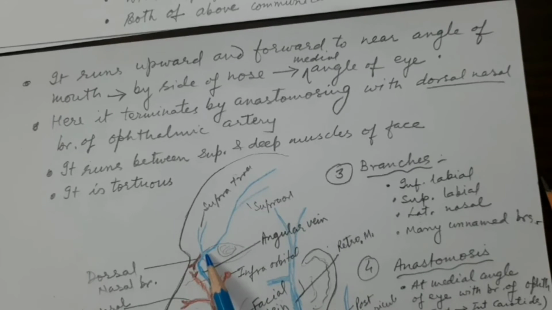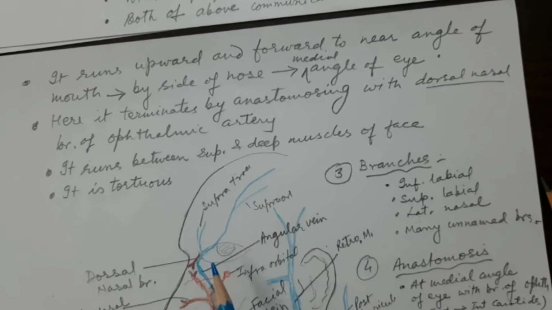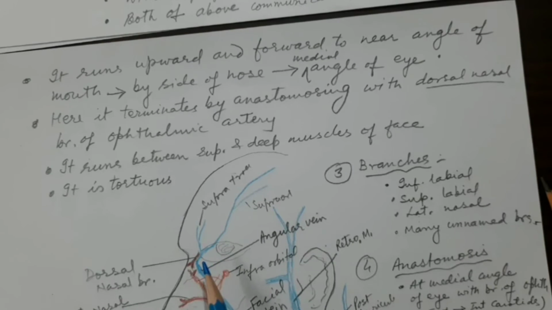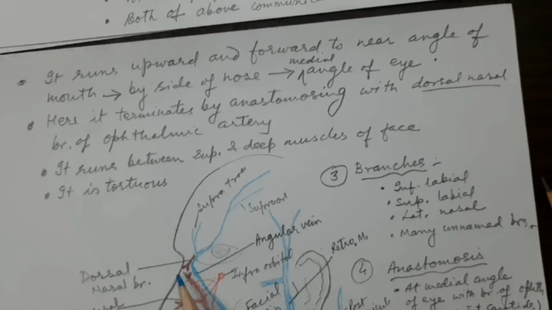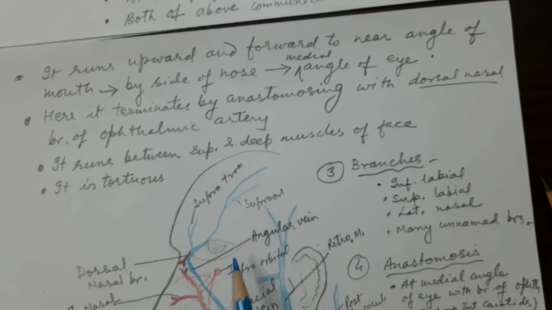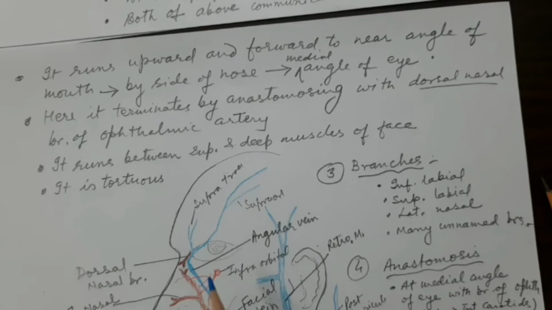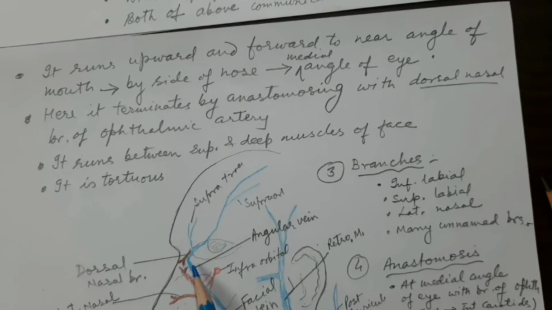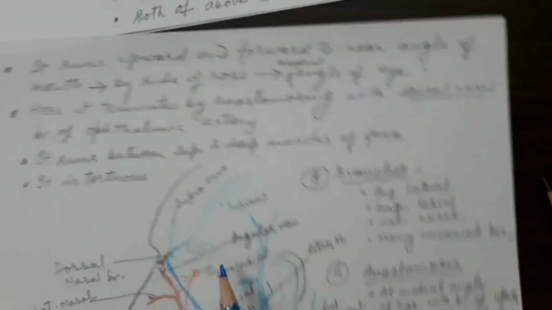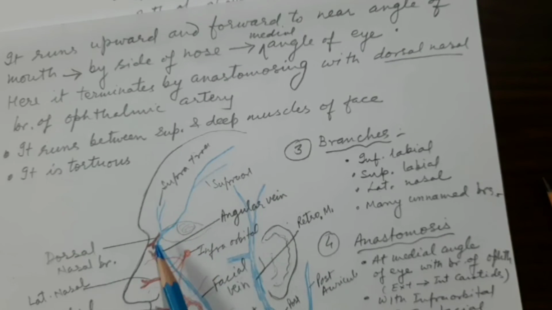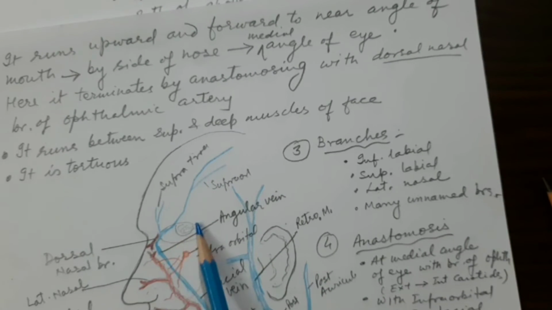So that means the facial vein is in communication with the superior ophthalmic vein, which runs in the orbit, above the eyeball. Through the supraorbital vein it will communicate. Remember this communication with the superior ophthalmic vein.